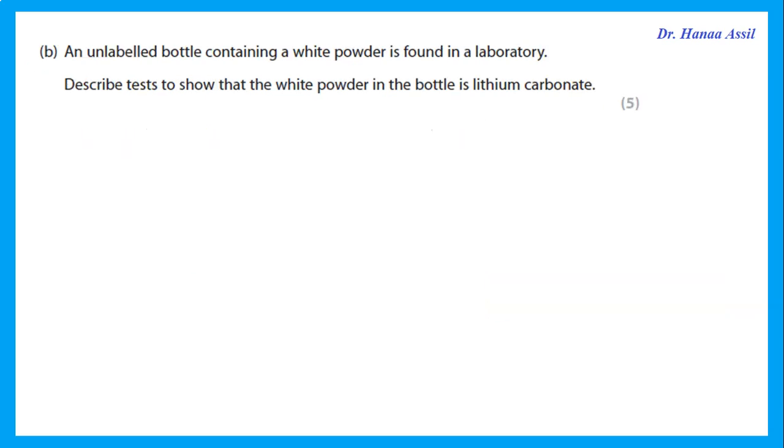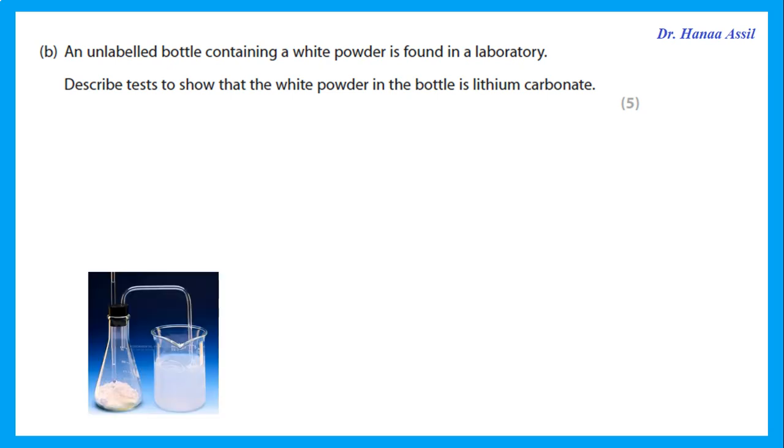An unlabeled bottle containing a white powder is found in a laboratory. Describe tests to show that the white powder in the bottle is lithium carbonate. So we need to do a test to show that it is lithium, and we need to do a test to show that it is carbonate. So what is the test for carbonate first?